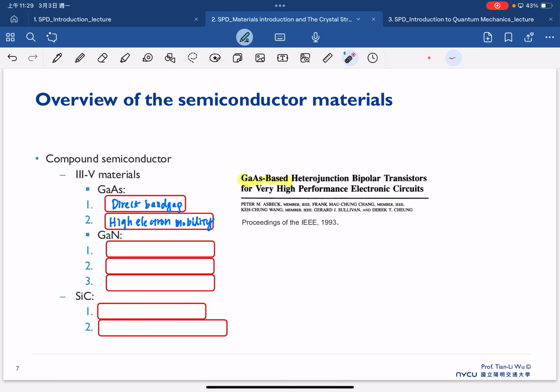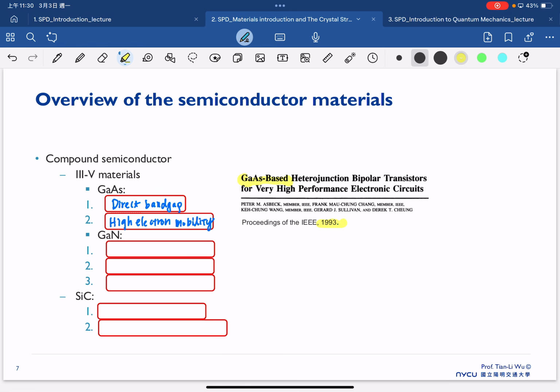And this is a paper published in 1993, but nowadays we still use gallium arsenide as a low power RF technology in our cell phones, because it has high mobility that enables high speed applications.